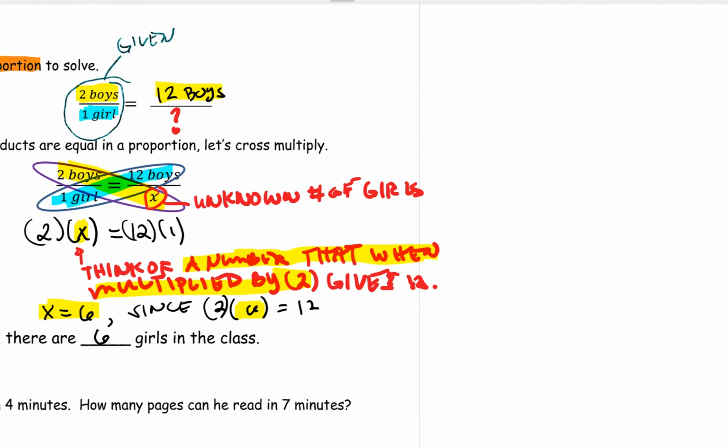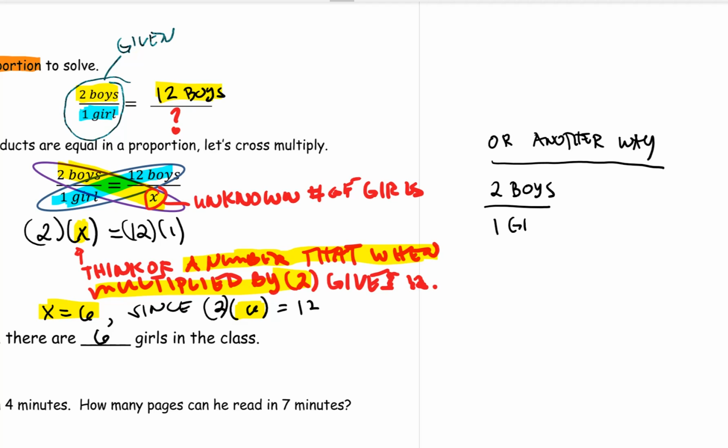Or, okay, another way, so another way is you rewrite the ratios again. 2 boys for every 1 girl is equal to 12 boys all over unknown number, or just gonna use x.